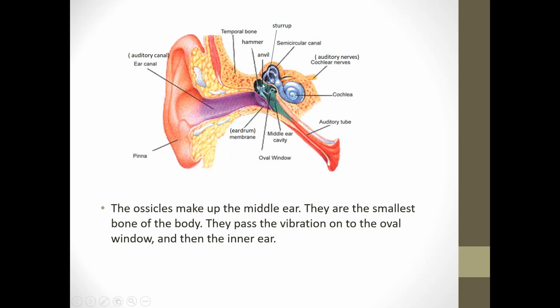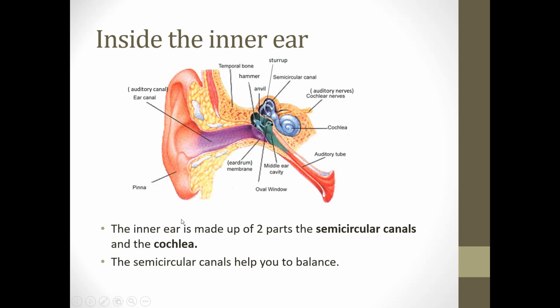So the objective of the middle ear is to move the vibration to the inner ear. But the real role of the ossicles is to increase the pressure of the vibration inside the inner ear. The inner ear is made up of two parts, the semicircular canals and the cochlea.